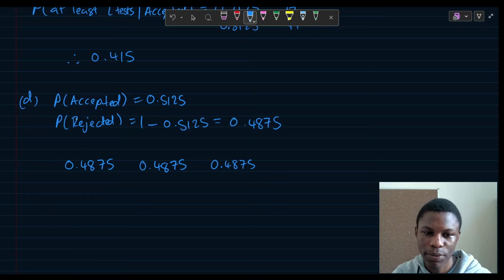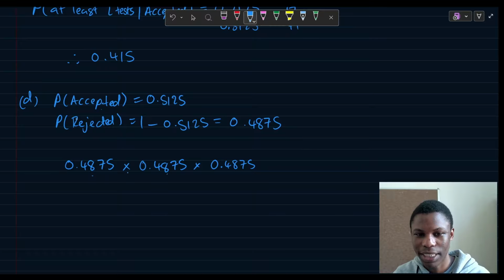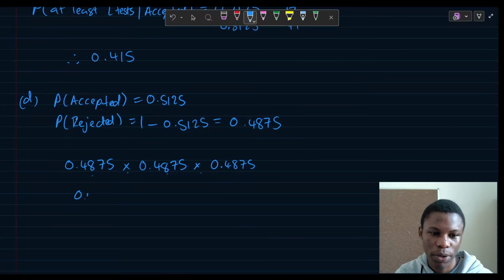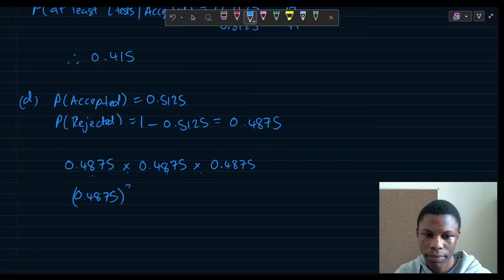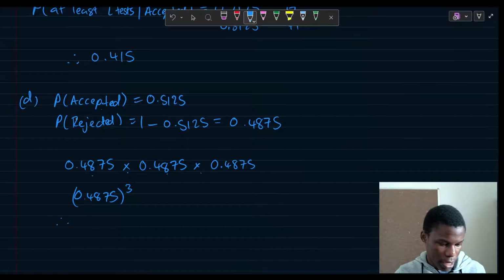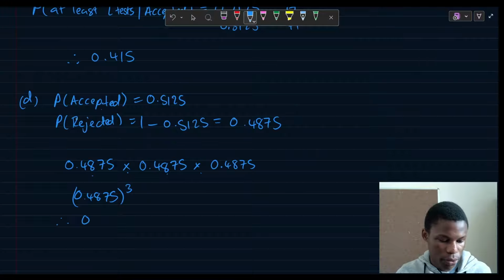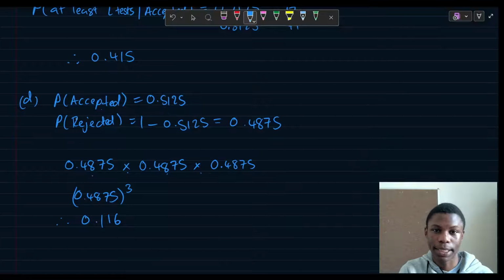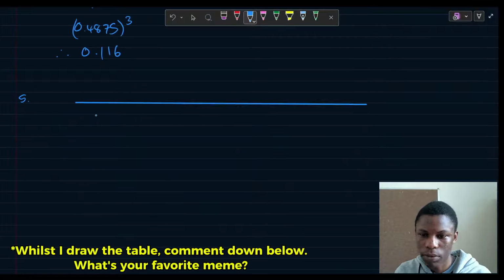These have to be multiplied, because I want friend 1 to get rejected and friend 2 to get rejected and friend 3 to get rejected. So 0.4875 cubed is 0.116, and that's the final answer.